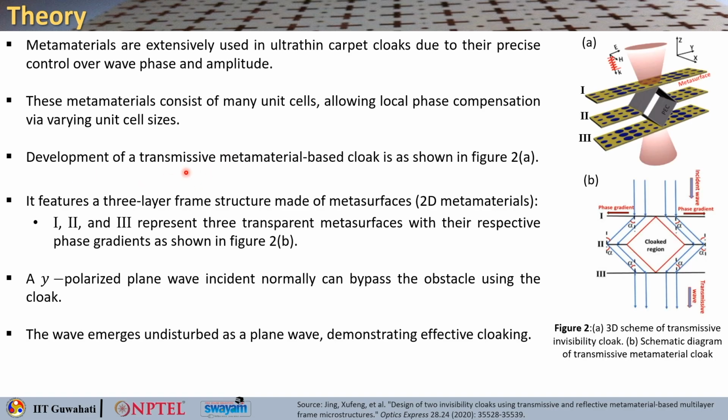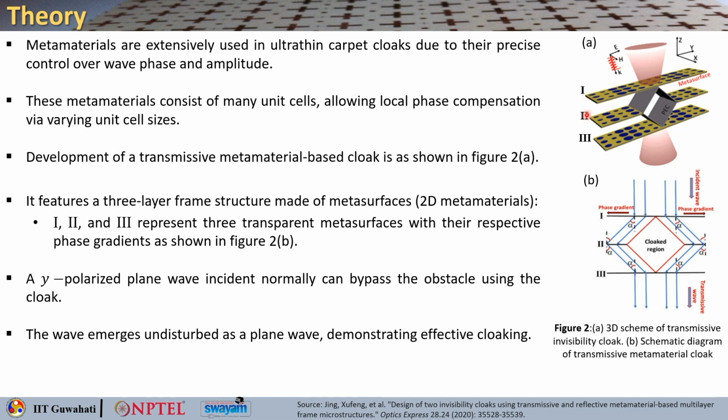So, some sort of development in the transmissive metamaterial based cloak can be seen here. Okay. So, in this figure you can see that there is basically a 3 layer frame structure which is based on very thin metamaterials, or you can call them 2D metasurfaces.